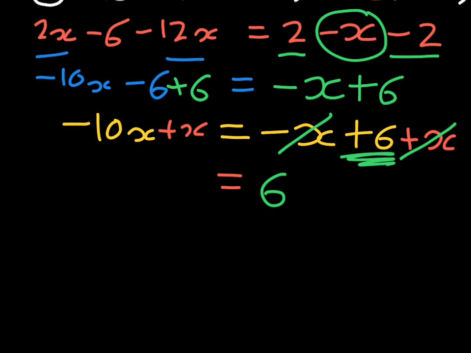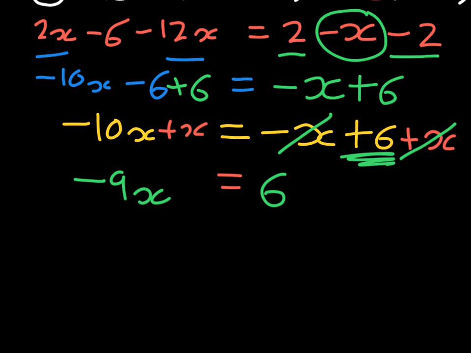On the left-hand side, we've got minus 10x plus x, and as we know, minus 10 plus 1 gives us minus 9, therefore minus 10x plus x gives us minus 9x.